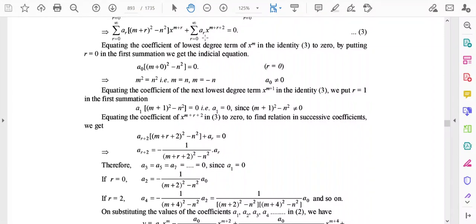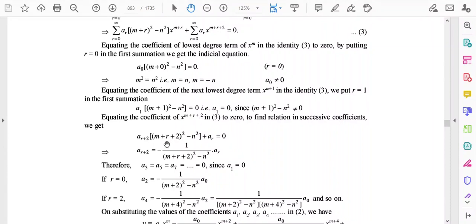So here this is ar, this is already x to the power m plus r plus 2, but to convert x to the power m plus r plus 2, we have to put r is equal to r plus 2 in the first summation. So after putting r is equal to r plus 2 in the first summation and keeping the second term as it is, we can find the coefficient of x to the power m plus r plus 2.